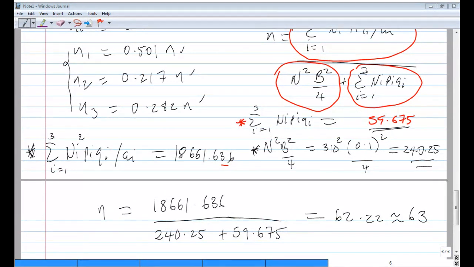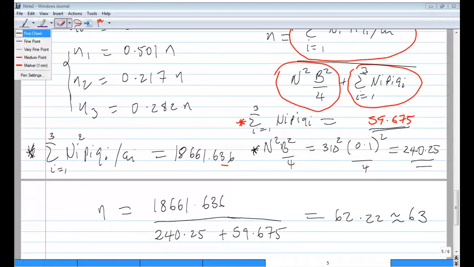So now we have got our overall sample size. What is left is to find the sample sizes for each stratum. So you have to find these ones now. Because we don't have space there, let me just take it down.